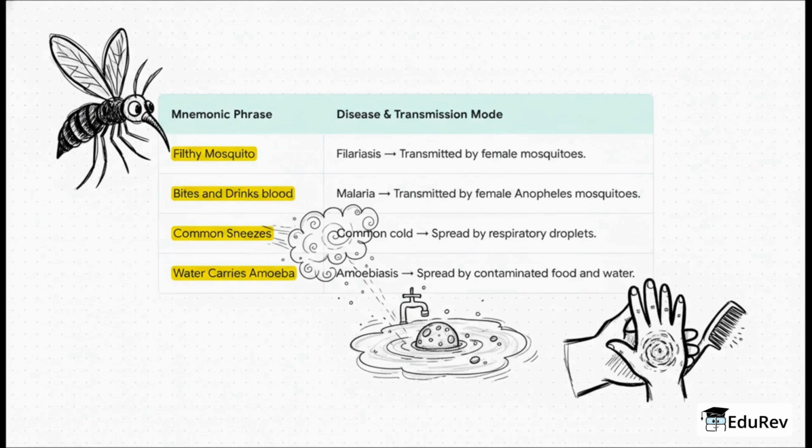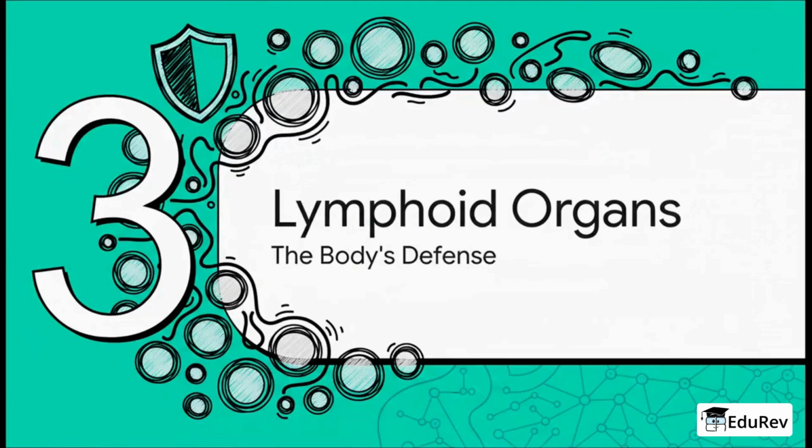Water carries amoeba literally spells out how you get amoebiasis. And ring rashes from sharing couldn't be clearer about how ringworm spreads. It just makes sense.